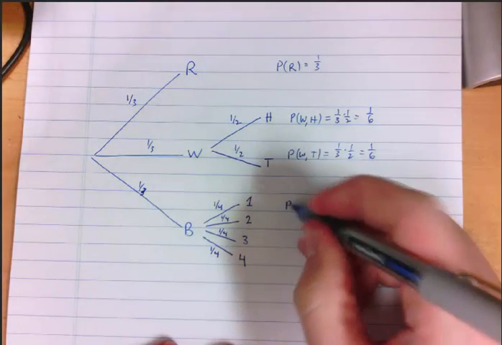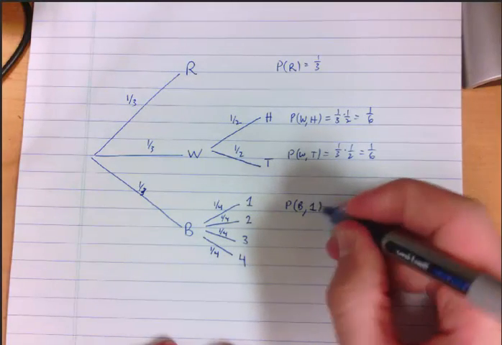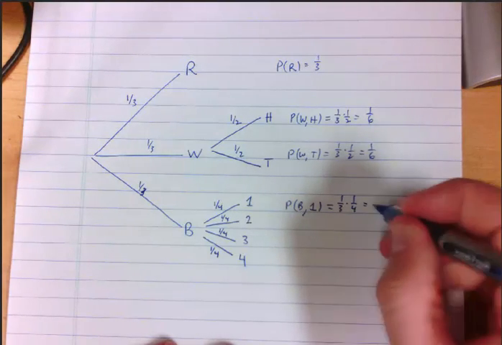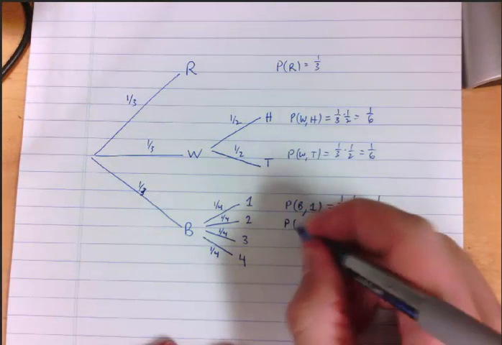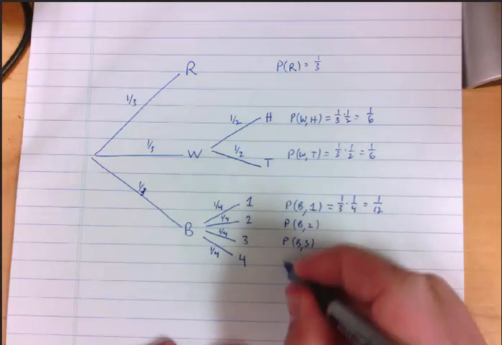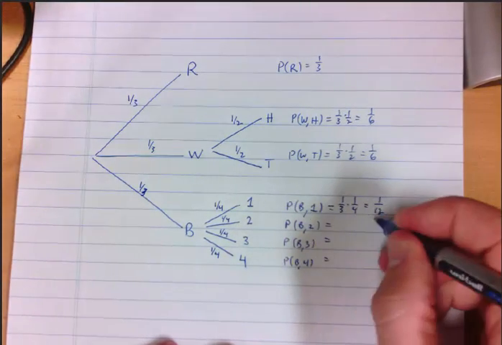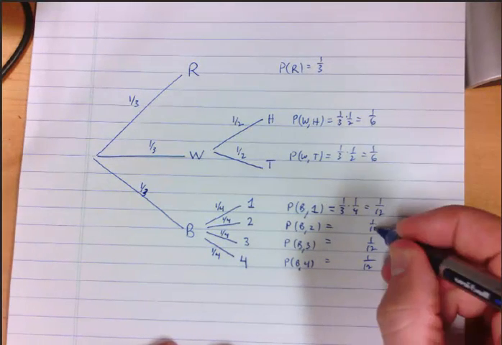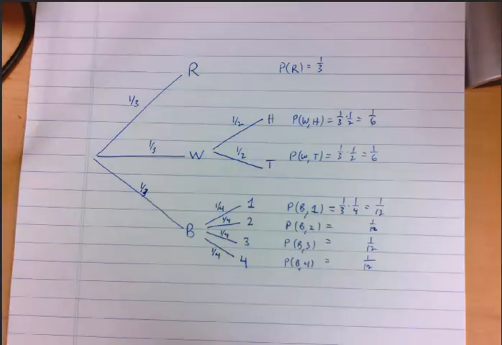The probability of a blue followed by a 1 is 1/3 times 1/4, or 1/12. And each of the other outcomes here will be the same probability. Each of them will be 1/12. Okay, so those are the ways that the game can end.